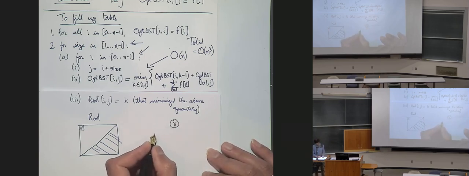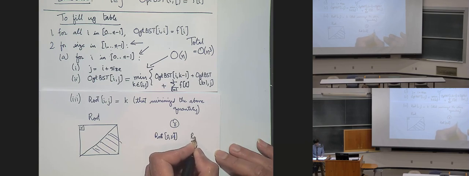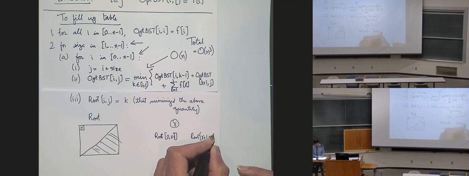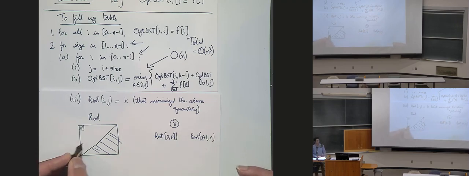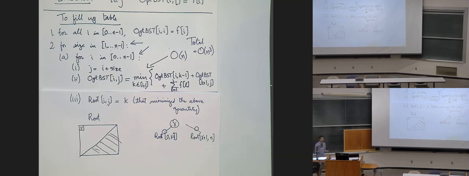Then what is the root over here? You look up the root of 0 to gamma minus 1, and over here you look up the root of gamma plus 1 to n. Then you'll get something over here and something over here and so on, and you can build the tree.